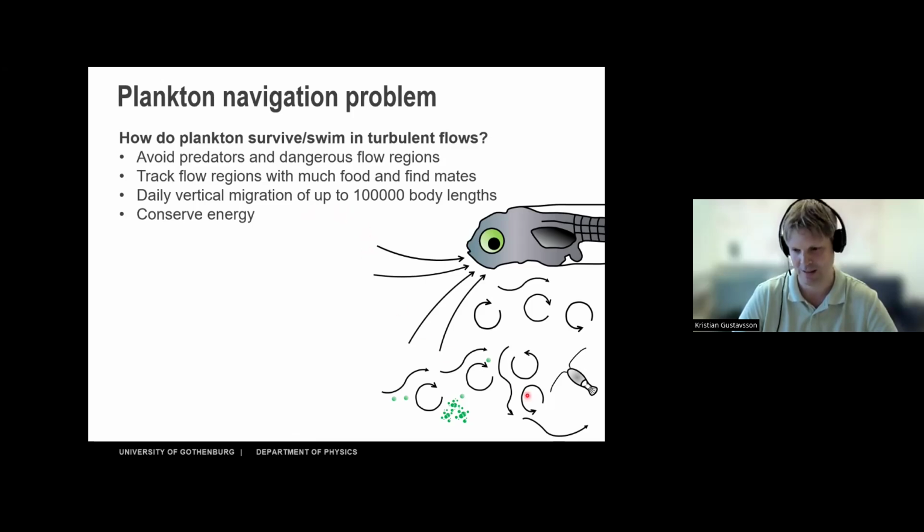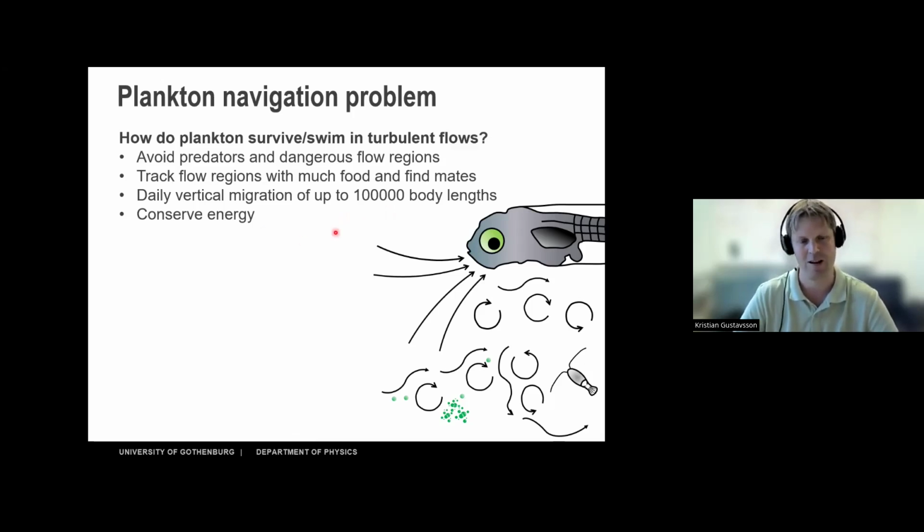It turns out that the zooplankton every day at sunrise swim down to the depths of the ocean to avoid visual predators like fish larvae, and then in the evening they come up again. Being millimeter size, they can swim up to 100 meters, corresponding to up to 100,000 body lengths. And all this they must do while conserving energy.